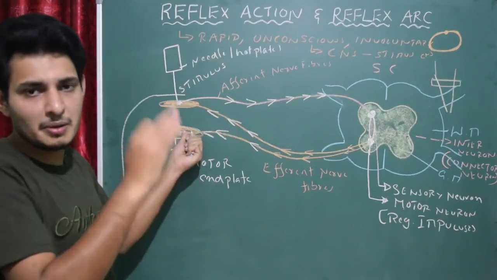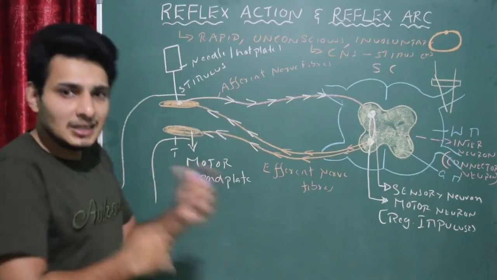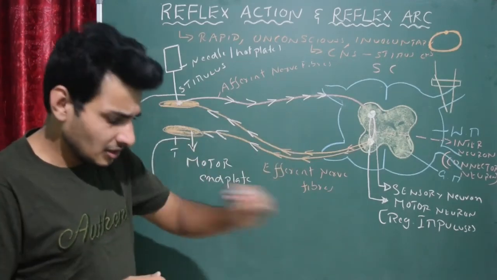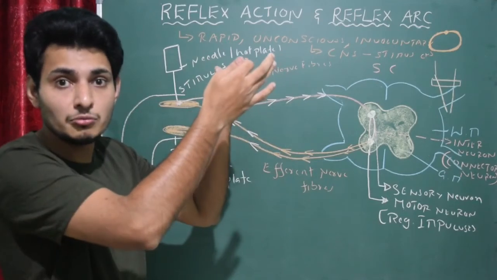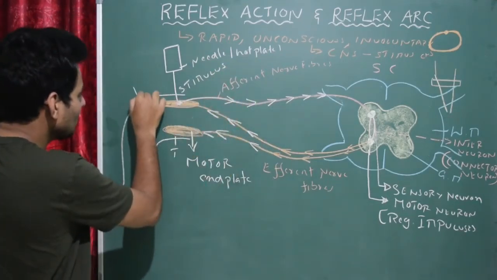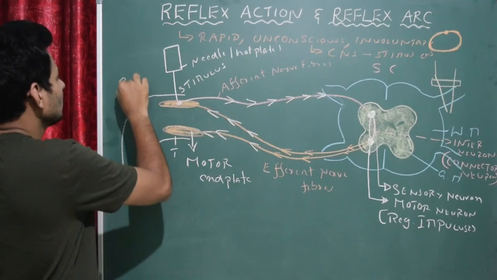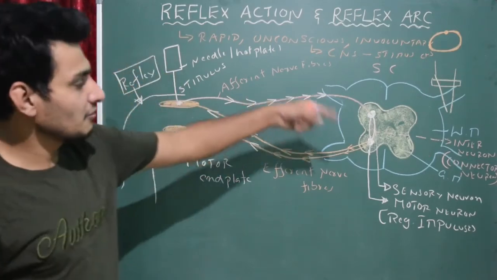Sarcolemma means the plasma membrane of the skeletal muscle. Ultimately it produces some impulses within the muscle fiber and automatically the muscle now moves. So this entire leg portion now shows the reflex. That's it. So this is reflex action.